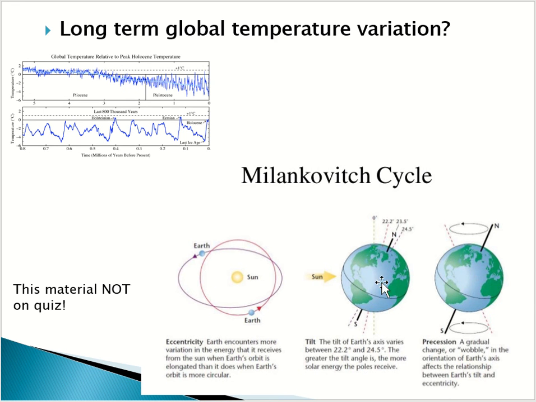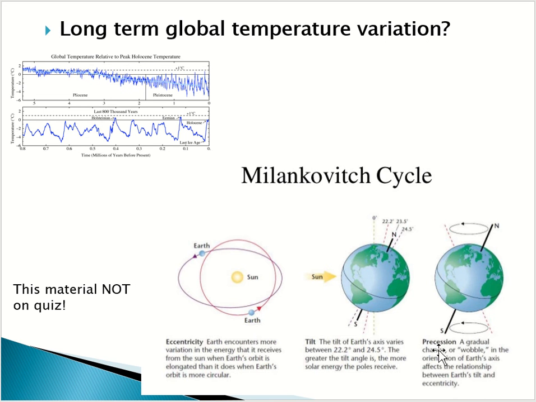In fact, it's tilted. And the degree to which the Earth is tilted changes. It doesn't change a whole lot, but here you see 22.2 degrees off of vertical, 24 degrees. These changes can affect the amount of sunlight incident at any one moment of time, and can affect seasonality and accrued energy.